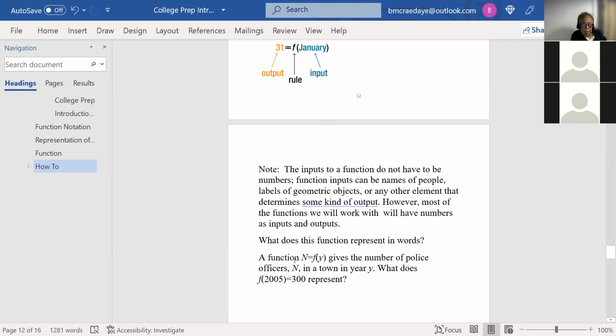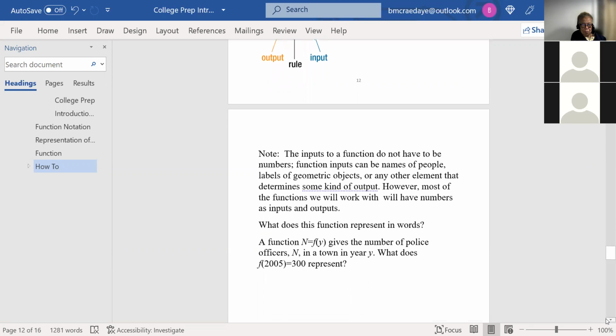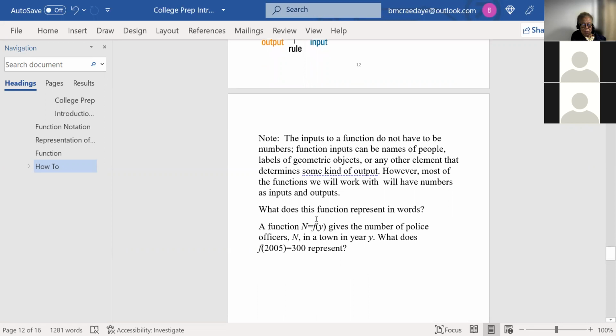Now, read this, Latoya. Right here. What does this function represent in words? A function n equals f of y.